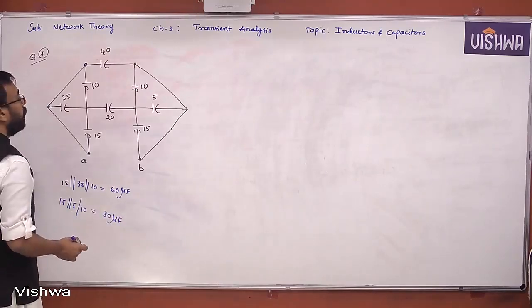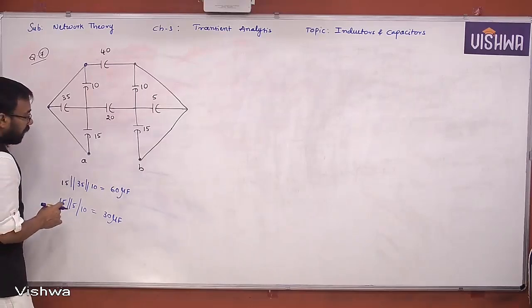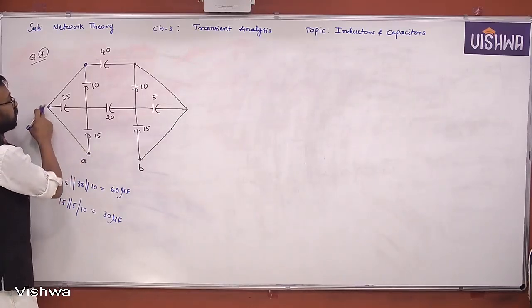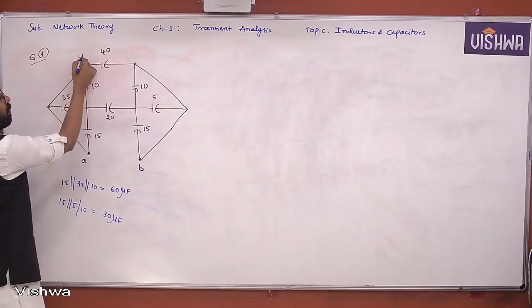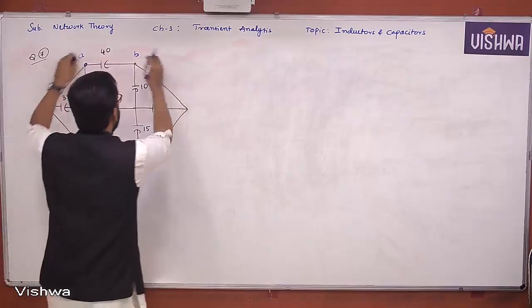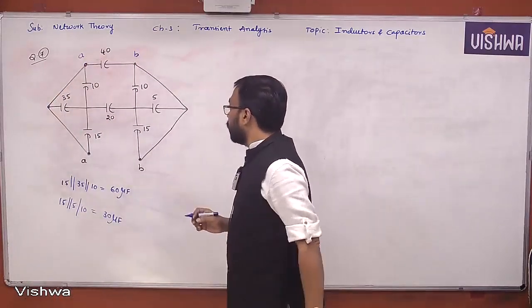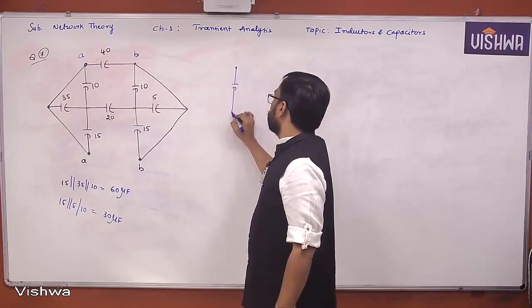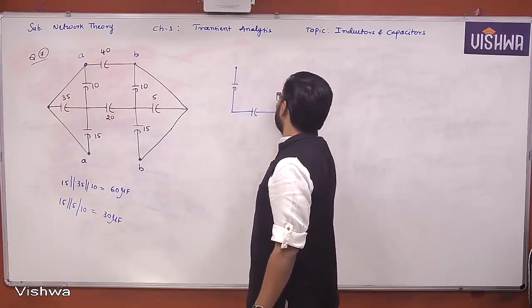Now finally what's happening here is, when you simplify this and connect this point to here, this point to here, finally this A is coming to this point and B is coming to this point. If you join all this, finally it is something like this. This is already there.